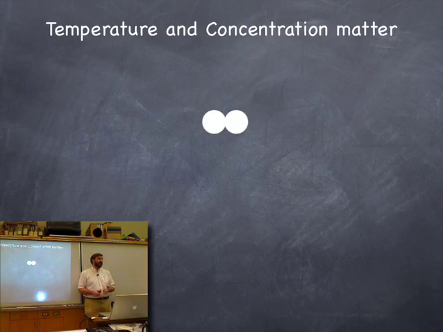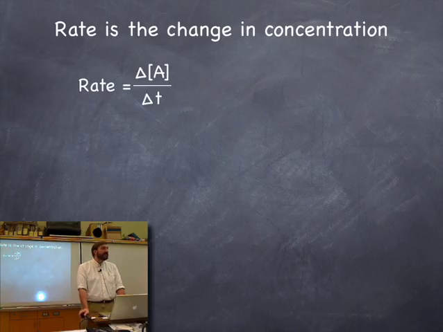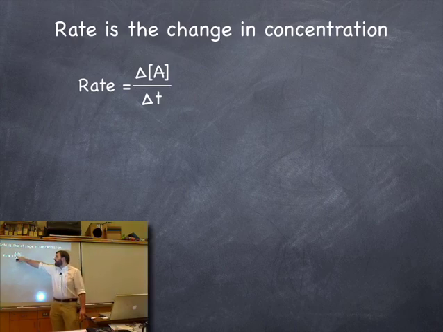How fast will some substance be used up? How fast will our products be produced? And how does that depend on temperature and concentration? So what we need to do is define the rate of the chemical reaction. We define the rate of a chemical reaction as the change in concentration. Remember, our delta represents change in.